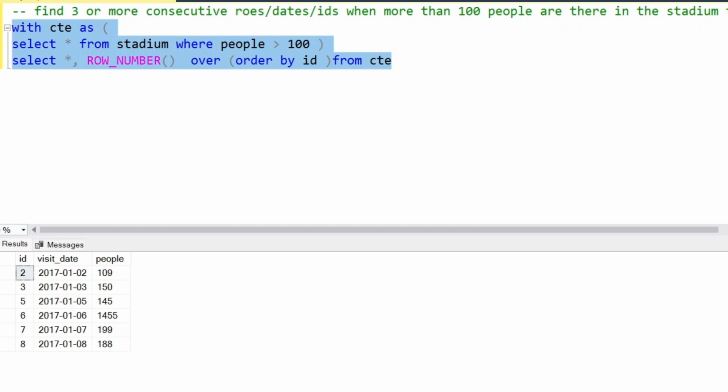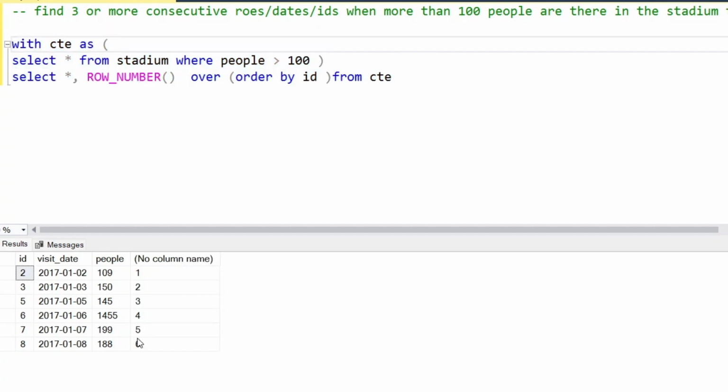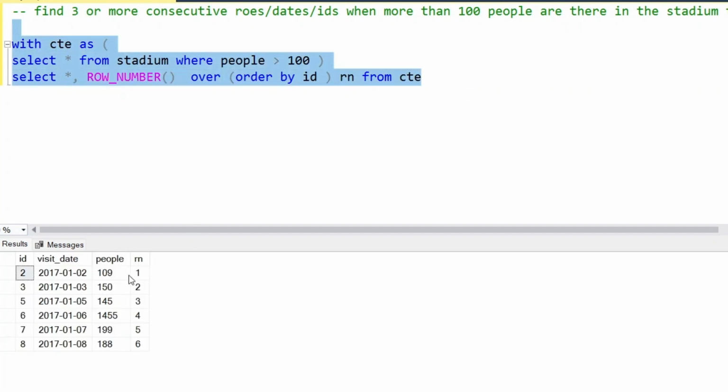All right, so as you can see, we have the row number column here, and we have an ID column here. The logic is we will subtract the ID column from the RN column. 2 minus 1 is 1, 3 minus 2 is 1, and 5 minus 3 is 2.